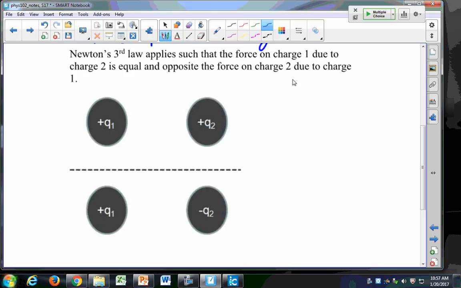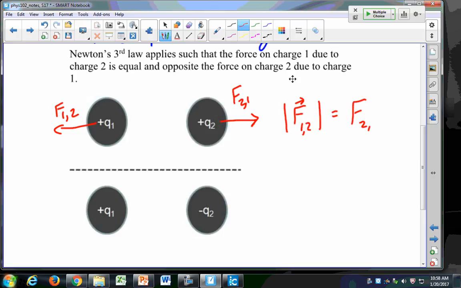And then here, I get a force to the right, because those are two like charges that are going to repel one another. I'm going to call that the force on particle 1 due to particle 2, and the force in this direction the force on particle 2 due to particle 1. Now, the magnitude of F12 is equal to the magnitude of F21.